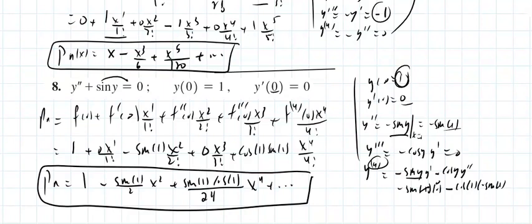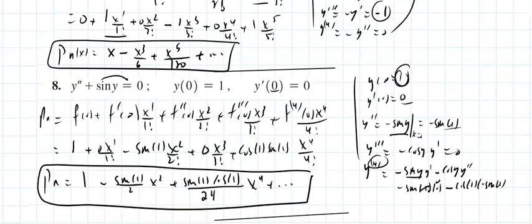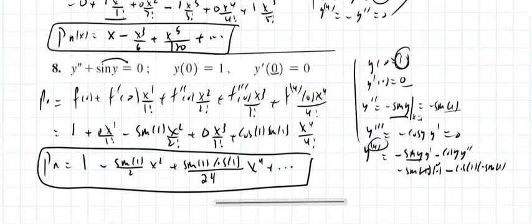And that would be my solution. And that's it pretty much for this section. You should review the ratio test for the next section, which will be in the next lecture.